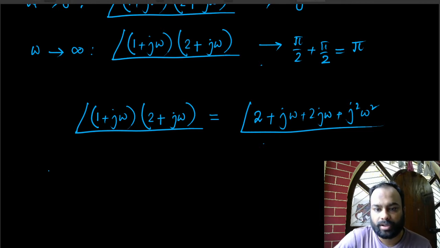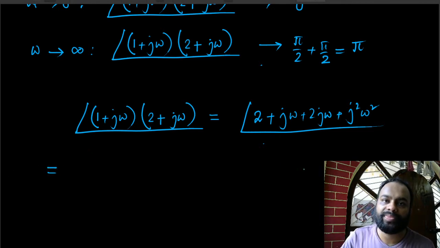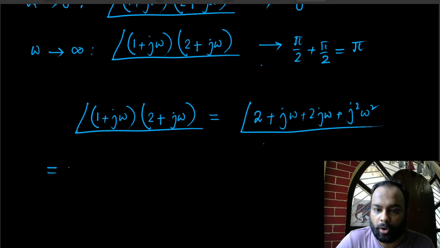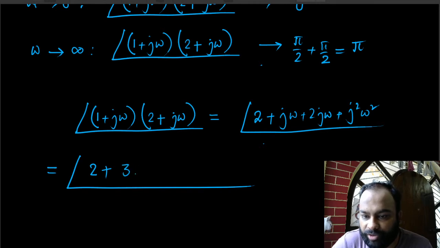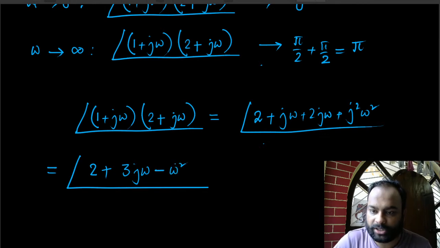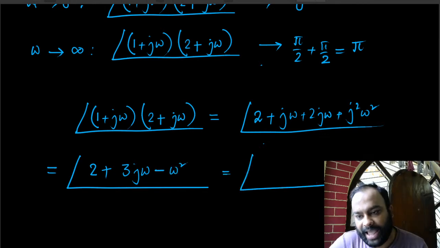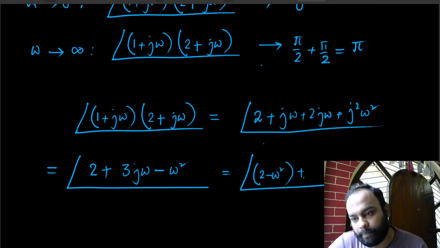Simplifying further, 2 plus j omega plus 2j omega gives me 3j omega, and j square omega square becomes, since j square is minus 1, minus omega square. So this is 2 minus omega square plus 3j omega.